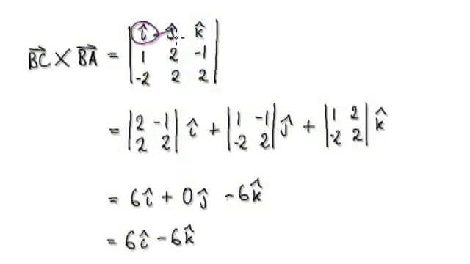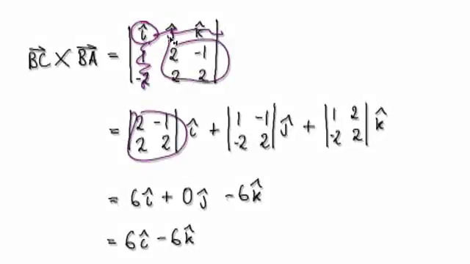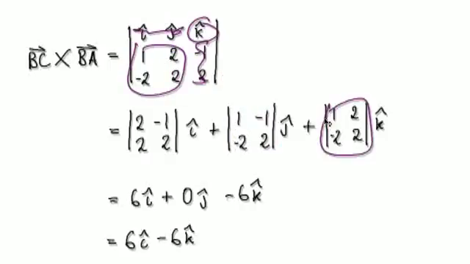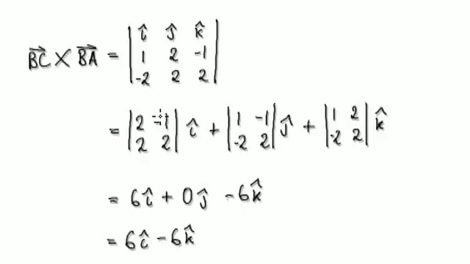So the first one will be I, discard, and then just look at this. And then the second one will be J hat, discard, and then just look at this. And then for K, discard, just look at this. That will then be this. And remember, it's just us following the procedure here to work out the cross product.